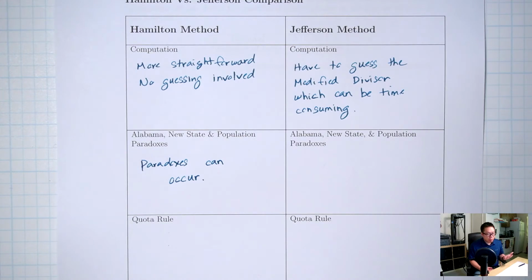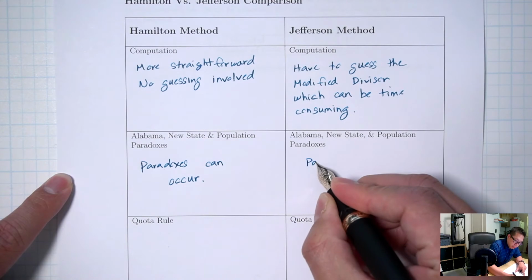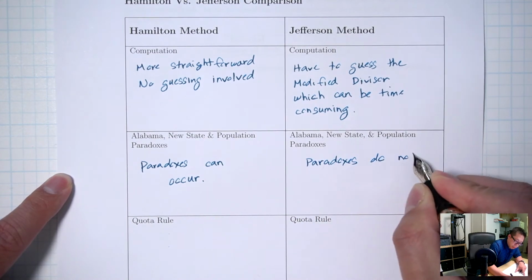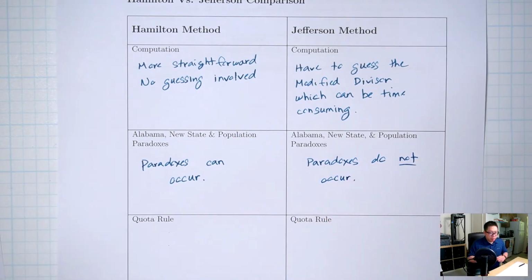So you can think of these paradoxes as a flaw of the Hamilton method. These are kind of undesirable properties of the Hamilton method. Now, the Jefferson method, these paradoxes don't occur. So in that sense, the Jefferson method is a little better because the paradoxes aren't an issue.